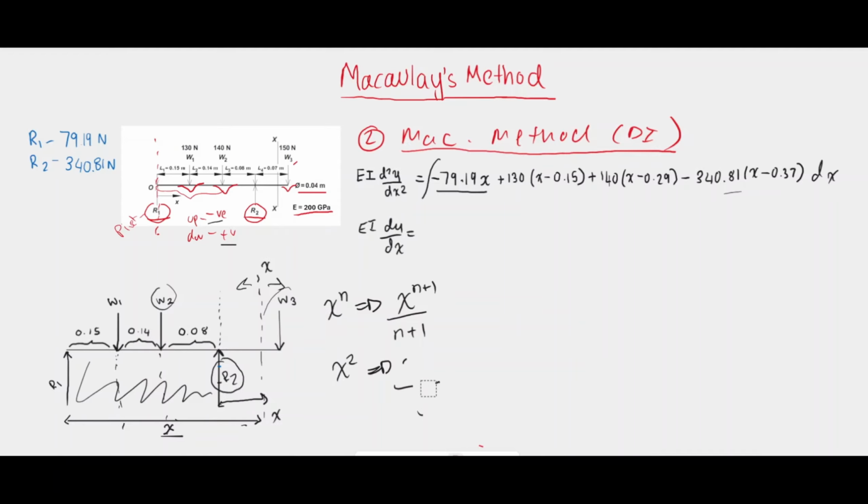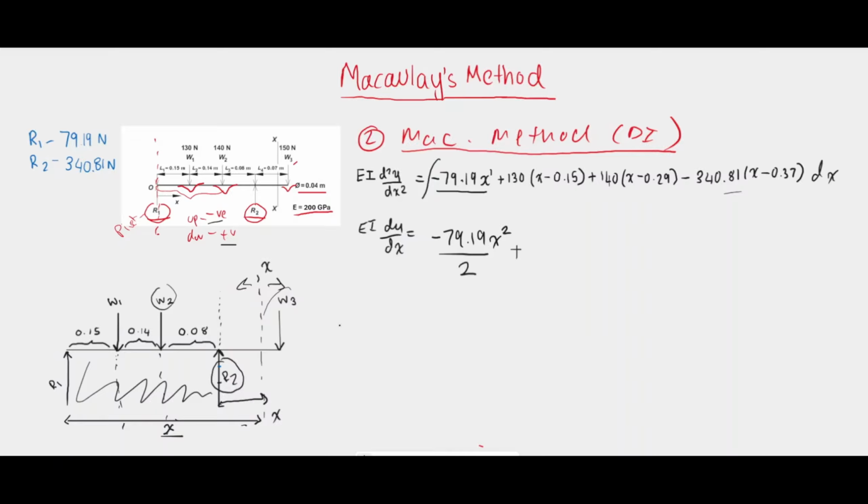So let's begin integrating each of these terms. First one, minus 79.19x, and it's to the power of 1. So it'll be minus 79.19, 1 plus 1 is 2, divided by 2, plus 130 times x minus 0.15.